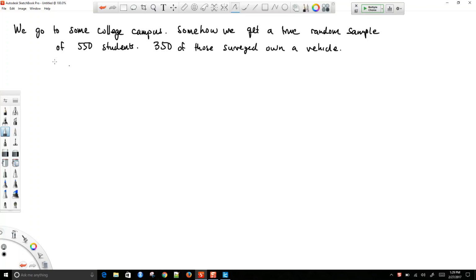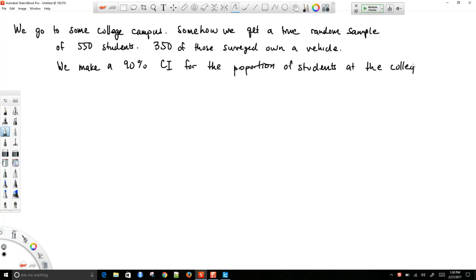So let's say we make a 90% confidence interval for the proportion of students at the college who own a vehicle.